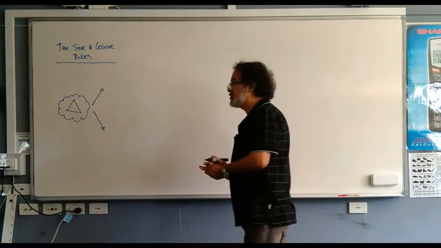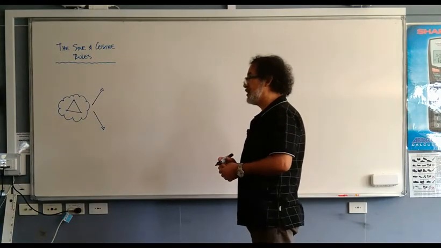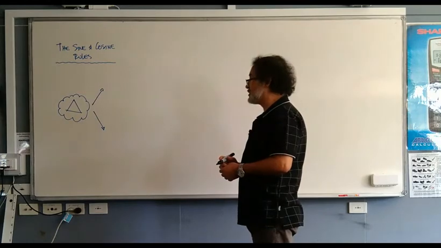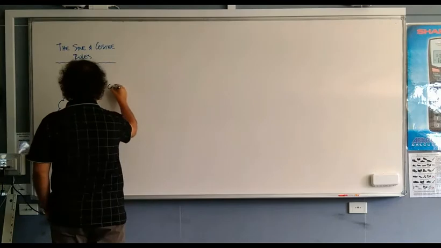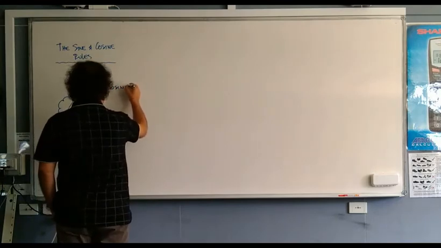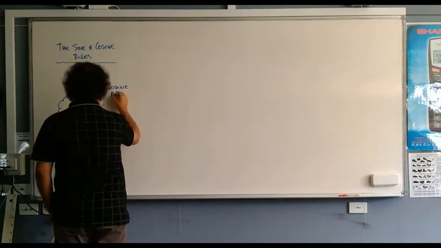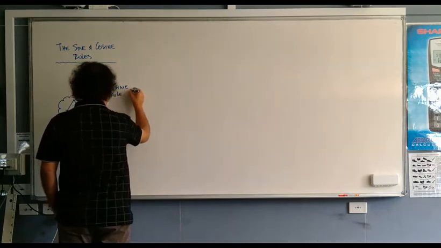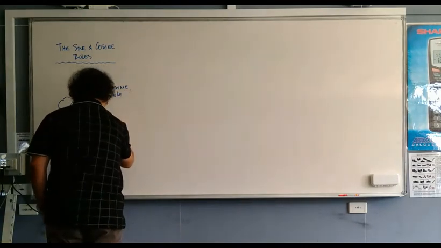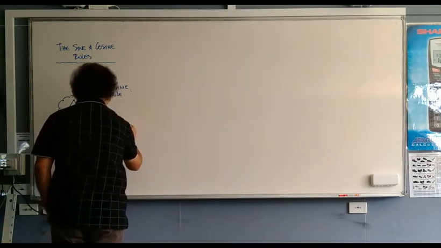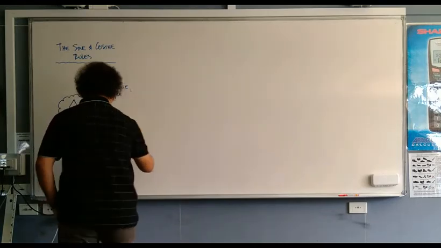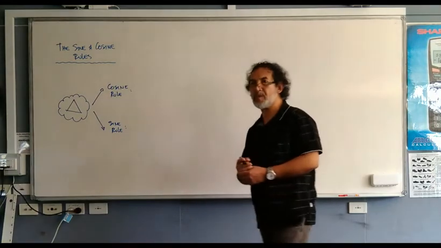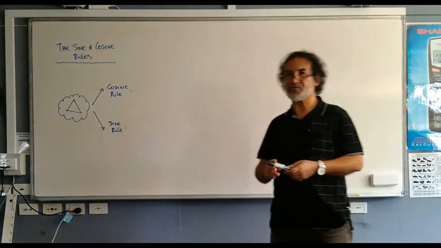All right. So we have two formulas. We have the formula for something that we call the cosine rule, and then we have the sine rule. Still we're going to be using trigonometry.